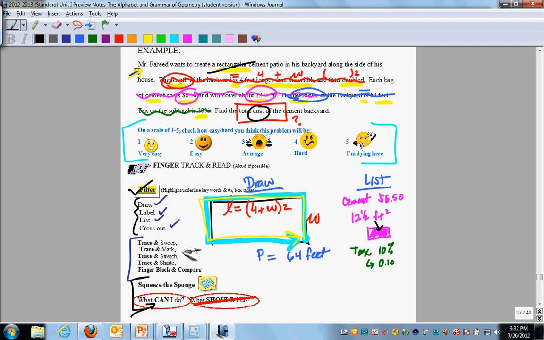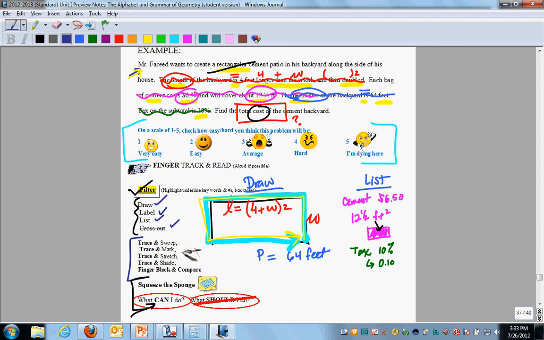Okay, always start with what you can do. Let's start with the simplest thing. We're given some information about perimeter, and that's the only real number we're given. Before you ask yourself, what should I do with perimeter? Ask yourself this, what can I do? It's really easy to simply write out the equation for perimeter.